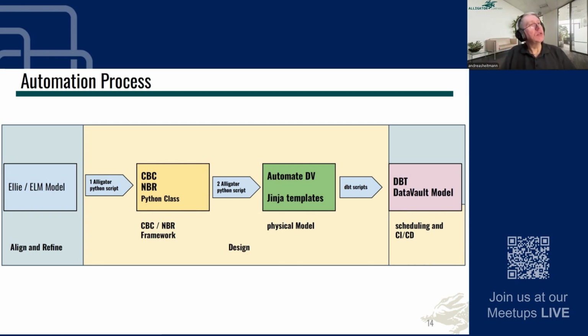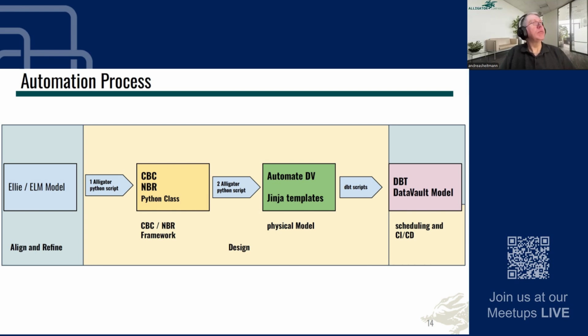And here you are really on the physical model where you create then your data vault. And then you can run DBT, and DBT also creates scripts and then creates your physical data vault model out of it. And DBT will schedule it for you, will fill and load every hub, link, satellite for you, and create a semantic layer.